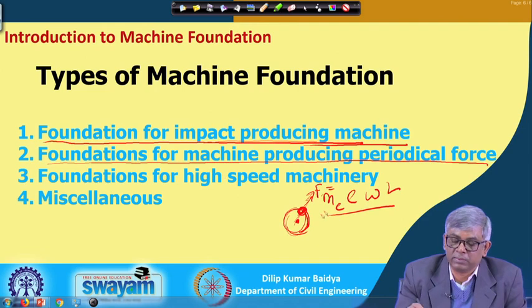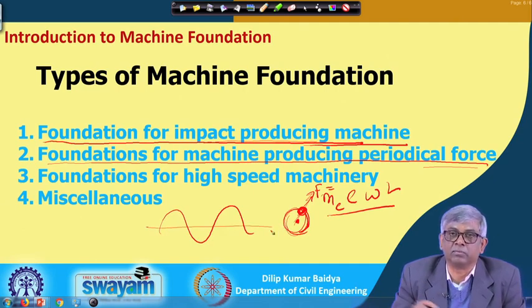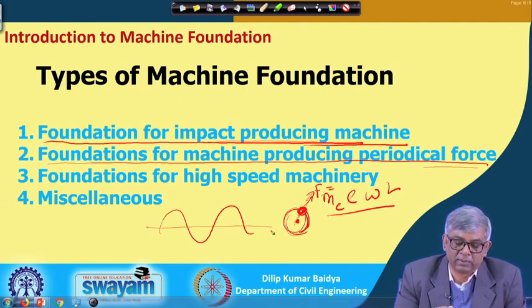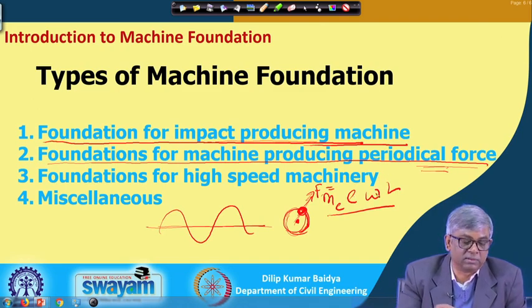If that type of force is there, the same force is repeating at some interval, that is a periodic force. So, for a machine producing periodical force, there are also different types of foundation.